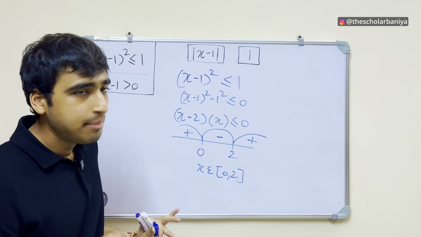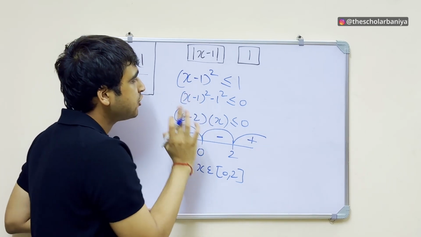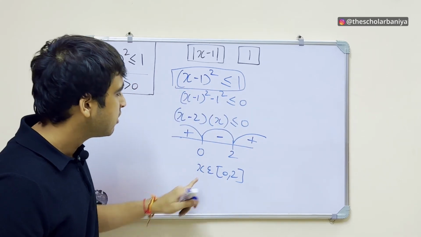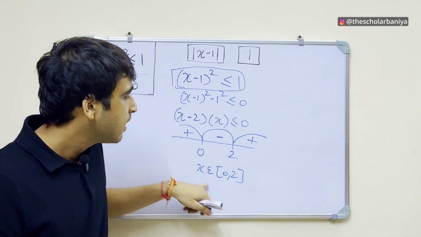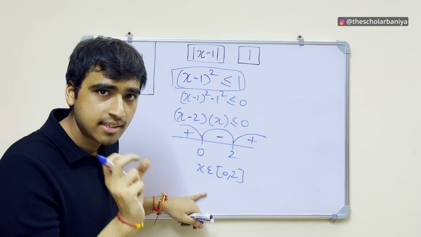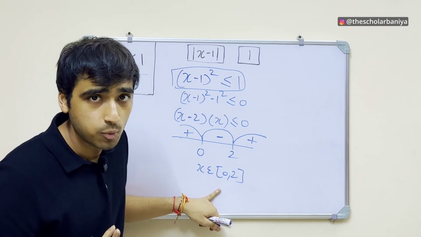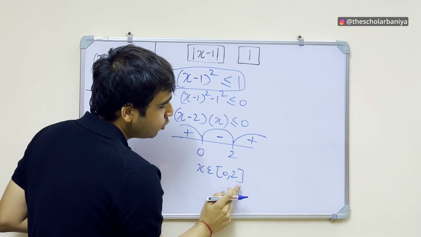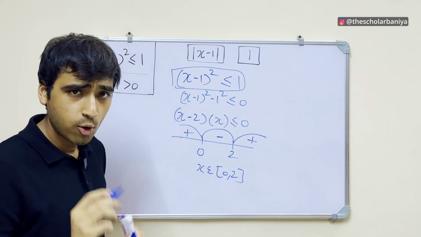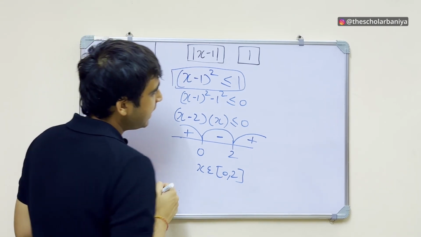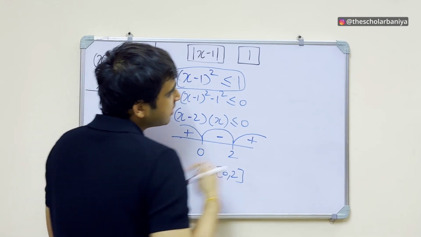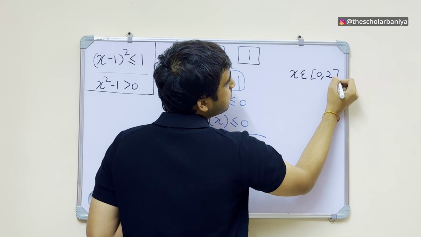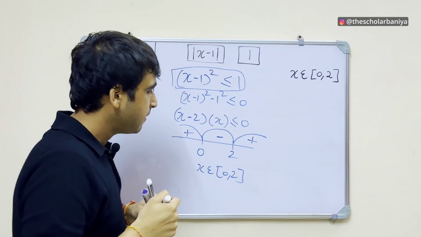So if you solve this given equation, you will have the answer that the value of x is between 0 and 2, both inclusive, because there is an equal to sign. So we can write one of the results as x belongs to [0, 2]. I hope this should be fine, right?